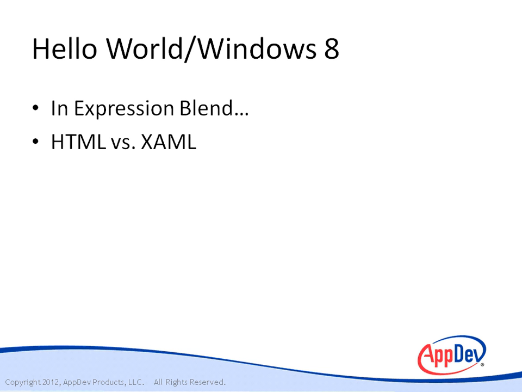We're going to be building either in HTML or in XAML. There are some great advantages to using either, but Expression Blend will do both. Let's go ahead and create that Hello World from a design standpoint so we can start building out our touch experience in Windows 8 and see how that looks from a design perspective.